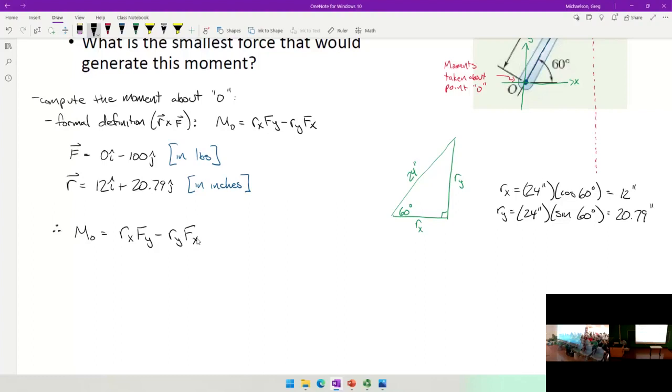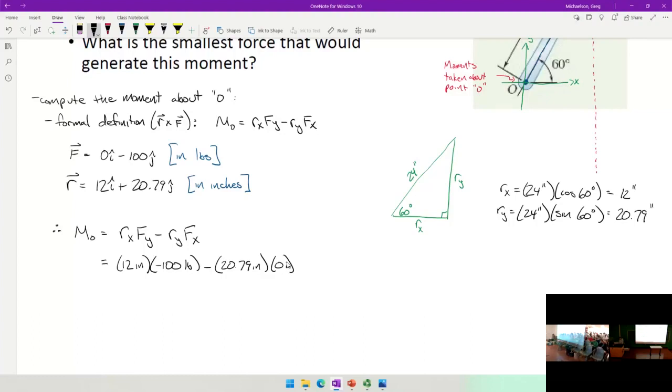Okay. So this is, let's see, Rx is 12. Actually, let's write out the units for this. Let's write it. 12. Fy is minus 100. Minus Ry is 20.79 inches. And Fx is 0. Did I get that right?